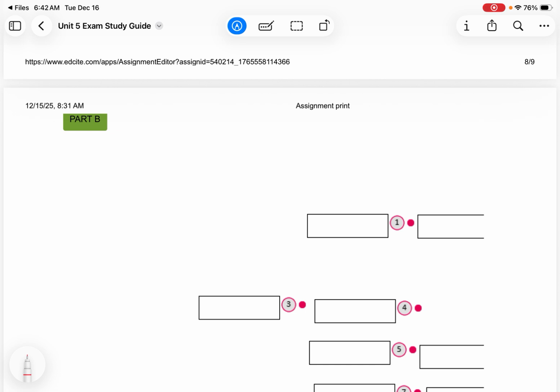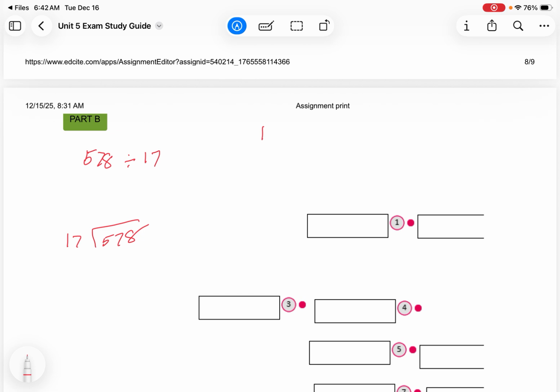Sorry, it's taking time. There's no pause button on my iPad. Okay, so it is 578 divided by 17. So we do 17 into 578.